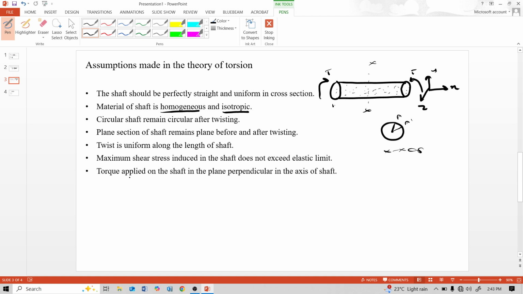And last point is torque is applied on the shaft in a plane perpendicular to the axis of the shaft. This x is the longitudinal axis of the shaft, and the torque is applied perpendicular to it, like this.